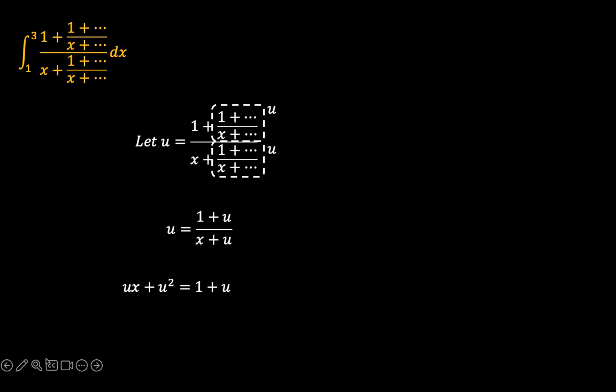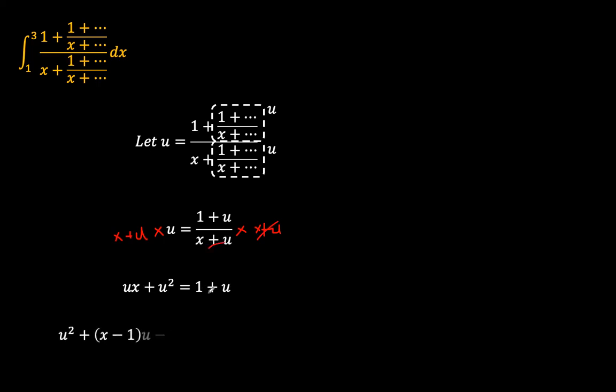What we've done is multiply by x plus u on both sides, and when you multiply by u, this is xu, u squared, equals this, and that would cancel, and you have 1 plus u.